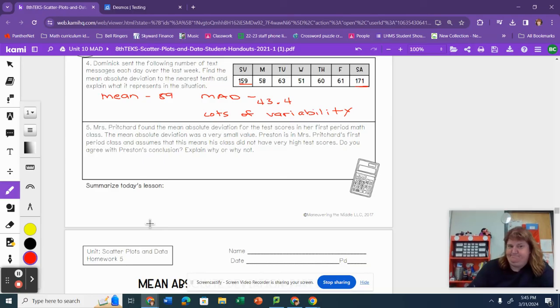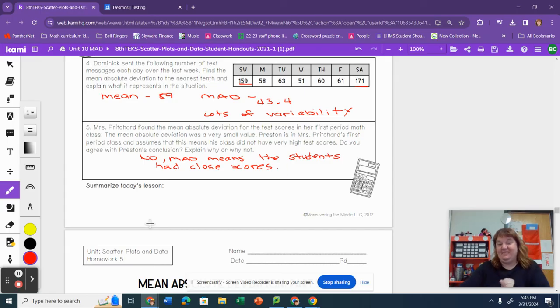No. No. It just means that all the kids, the MAD means the students had close scores. The students had close scores. That's what that means. Okay.